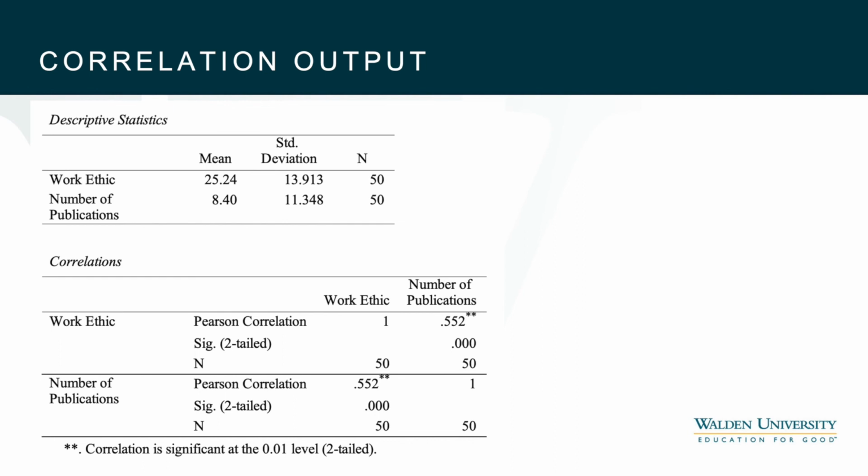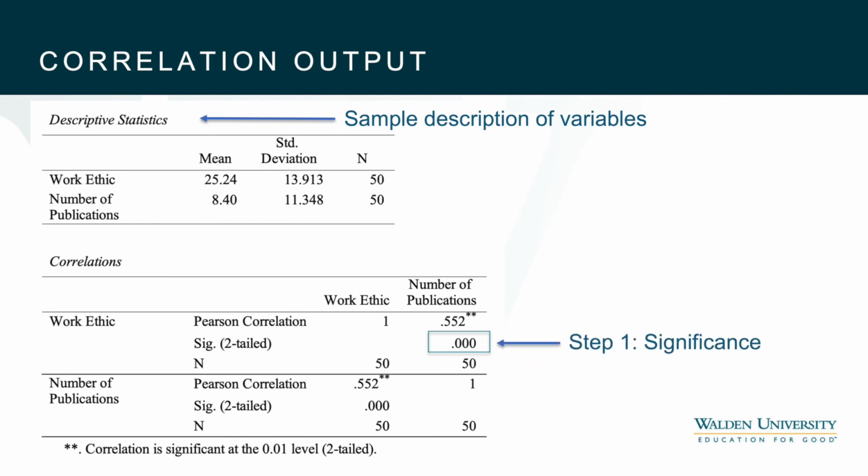And of course, the first table here was our descriptive statistics table. We will use that to describe our sample variables, to familiarize our readers with our variables and how they are measured and other details that are interesting. Our correlation is interpreted in 3 steps. Our first step, of course, is the p-value to assess if this relationship is significant.